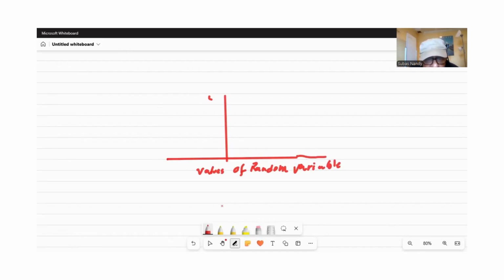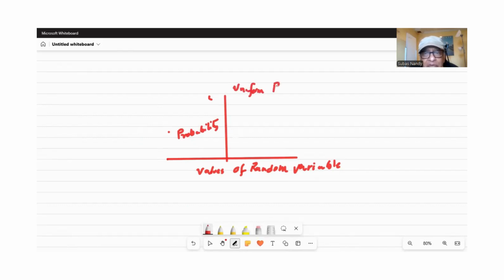So I'll give you an example of a uniform probability distribution in a minute. As I told you, this vertical axis is where we are plotting probability or relative frequency. So we are going to do a uniform probability distribution today.